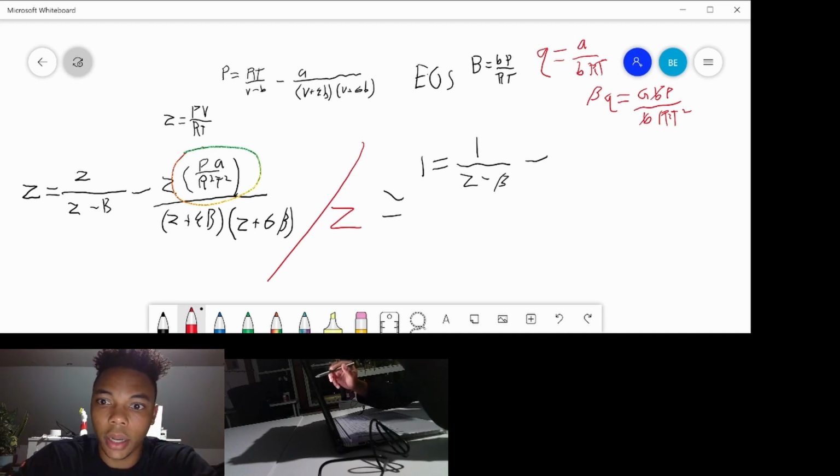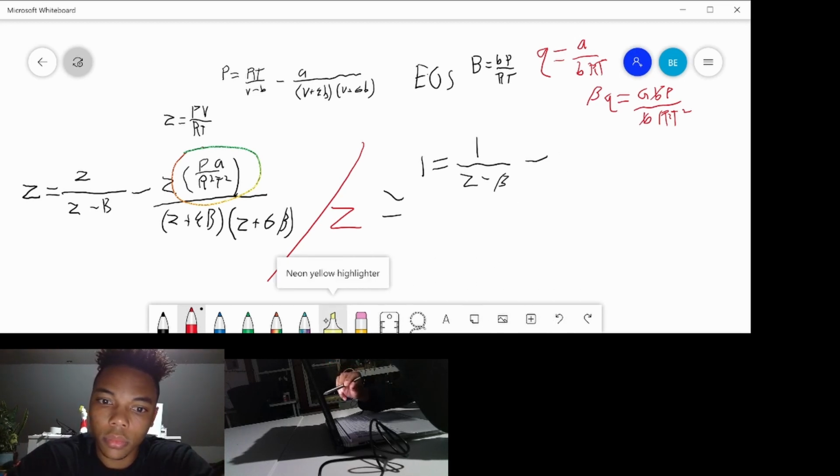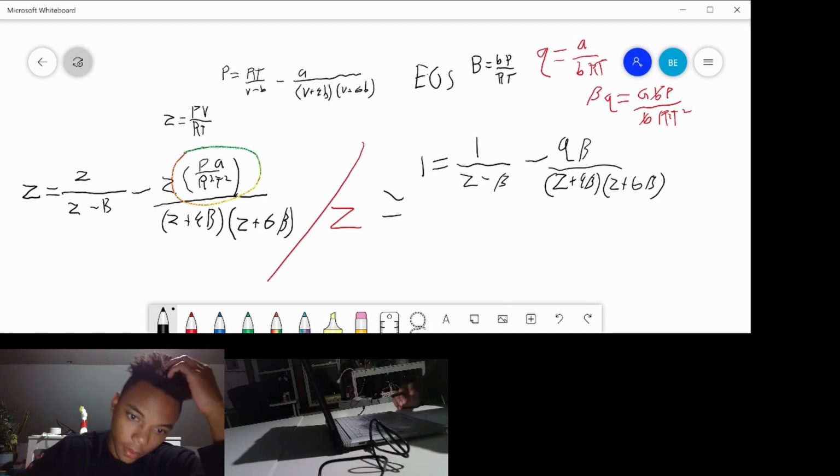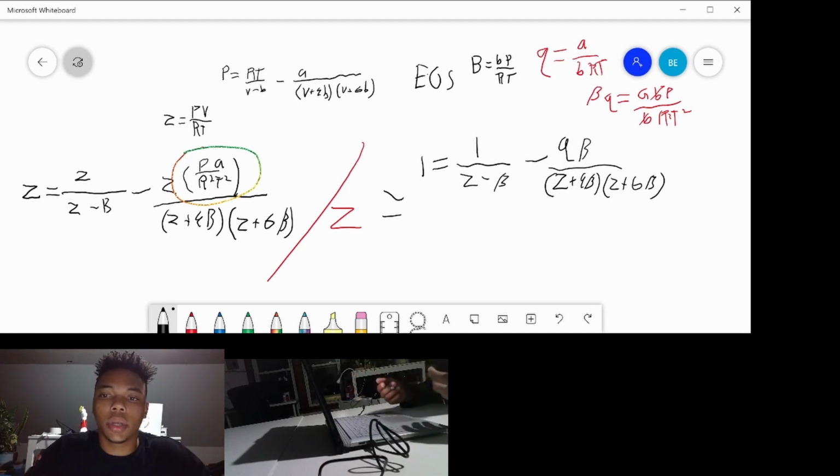So now we're going to have minus Q of beta over Z plus epsilon B times Z plus sigma B. And this is going to be actually the end to our equation.